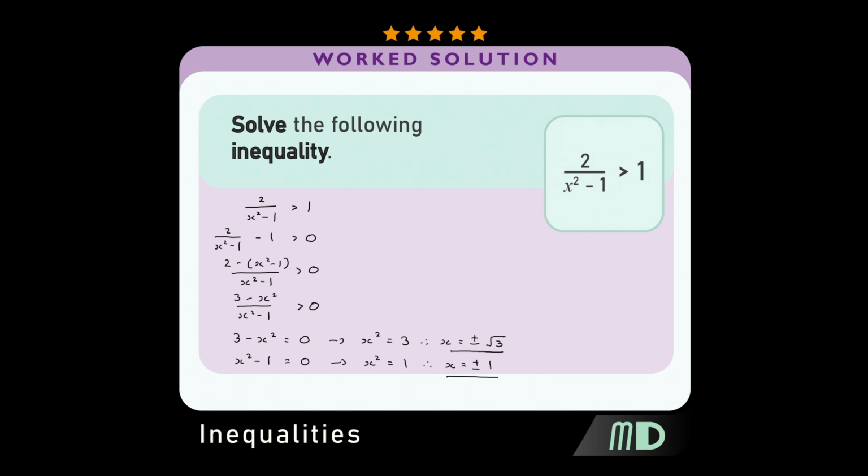First, when x is less than minus root 3, x is greater than minus root 3 and less than minus 1, x is greater than minus 1 and less than 1, x is greater than 1 and less than root 3, and when x is greater than root 3.